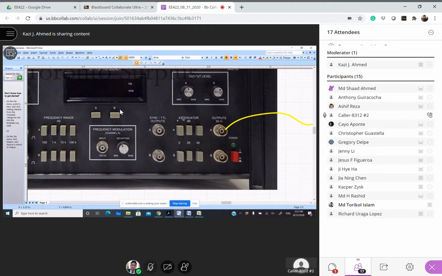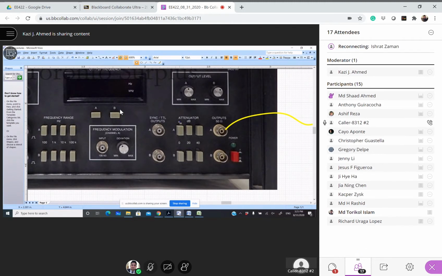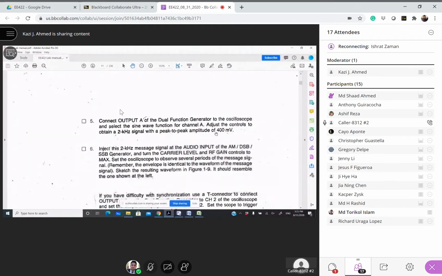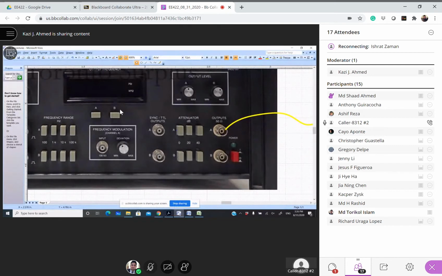When you do not use this at all, that means you are not attenuating, then the lowest amplitude you might get is sometimes more than you require. Here our amplitude has to be very low. 400 millivolts means 0.4 volts. It's a very low voltage, and sometimes just directly getting the output is not going to give you that.